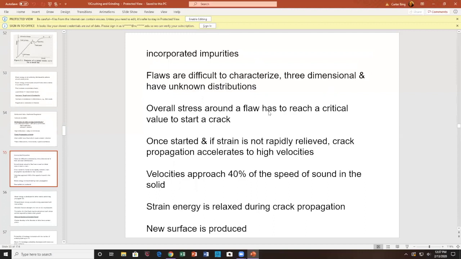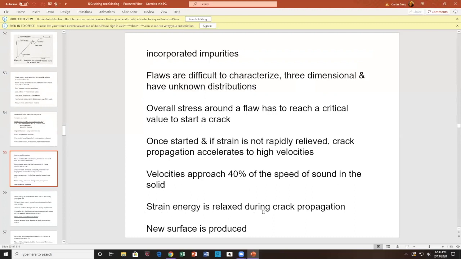Overall stress around a crack has to reach a critical value to start a crack. Once started, and if the strain is not rapidly relieved, the crack will accelerate to high velocities. Strain is not rapidly relieved, so there's some sort of time in there. The speed can approach 40% of the speed of sound, so there's a lot of fast motion in here.